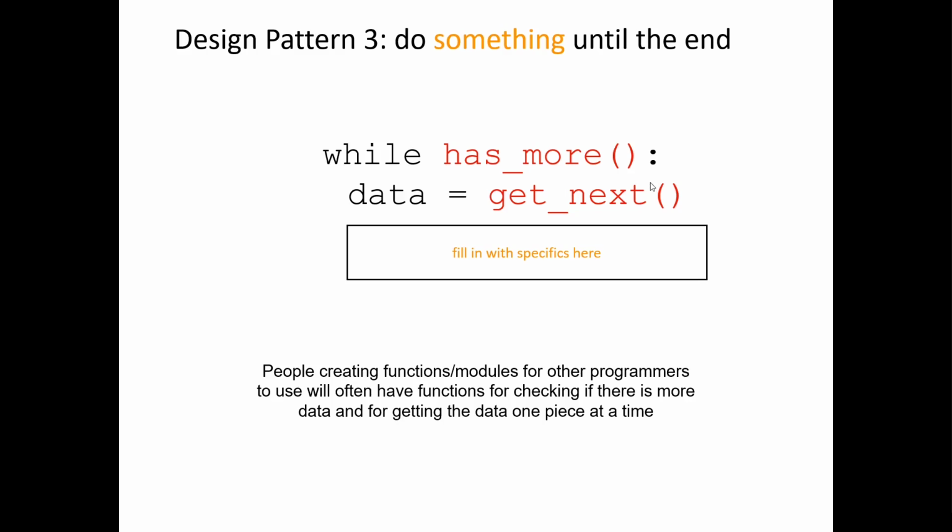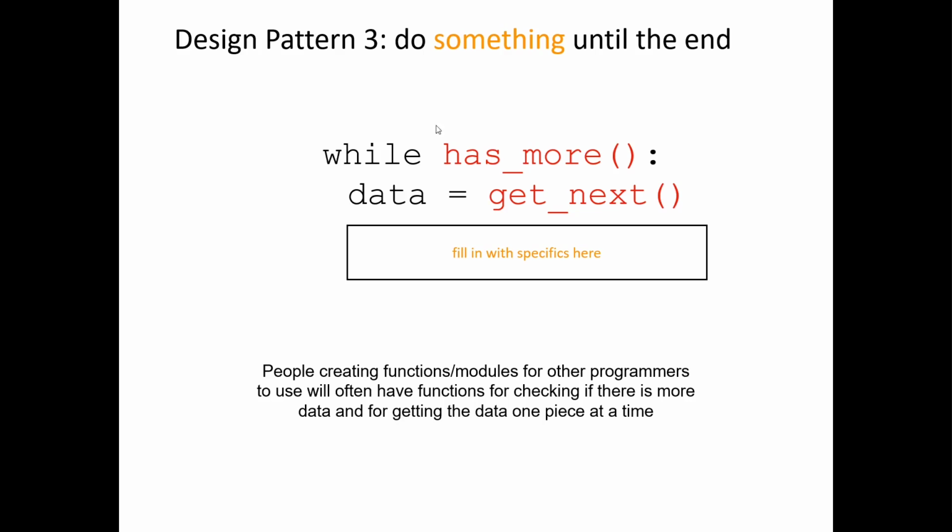Their module will have 2 functions, one of which just says, is there more data? And this could be written like this because we don't necessarily know how big the table is, if it's designed to work with a generic table, or if it's a function that's designed to work with user input where we don't know how much data there is.